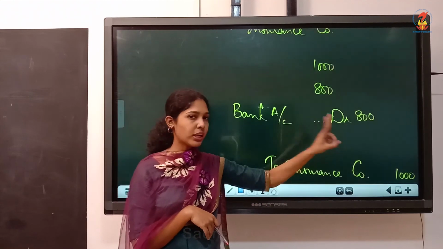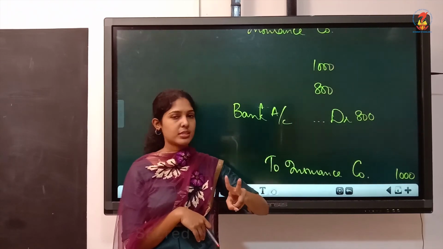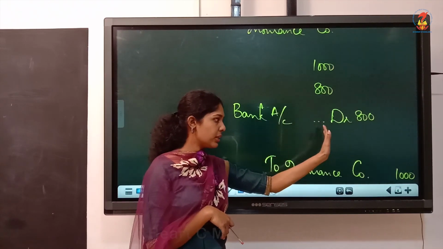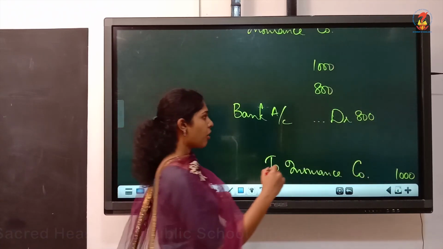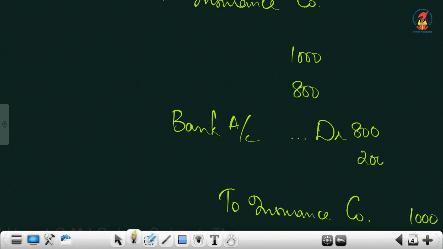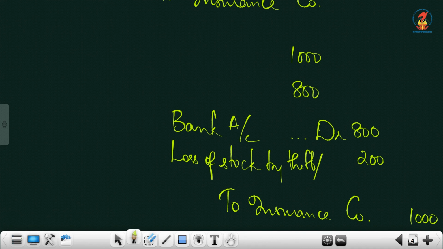Now there is a shortage of 200 on which side? We know that the total of debit must be equal to the total of credit. Now there is a difference of 200 on the debit side. What is this 200? That is the loss which we couldn't meet or which we couldn't recover. So that you must write as loss of stock by theft or fire account debtor, 200.